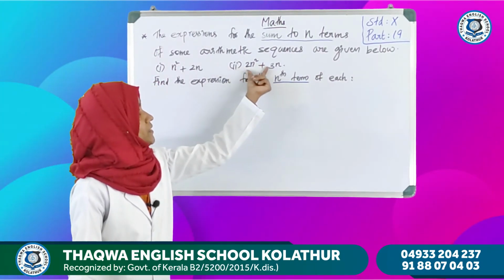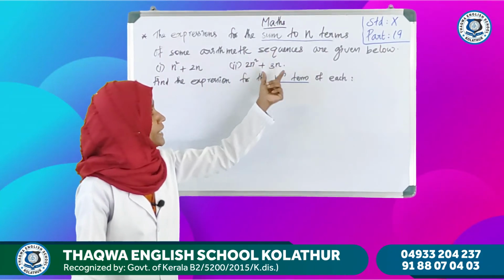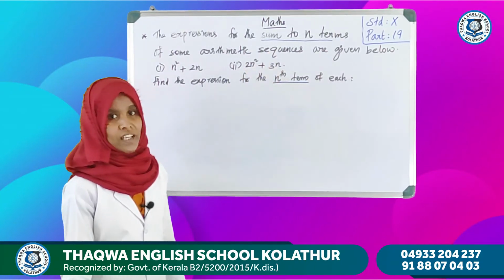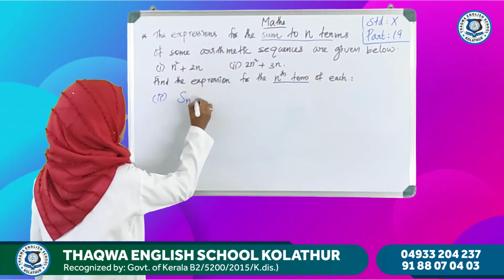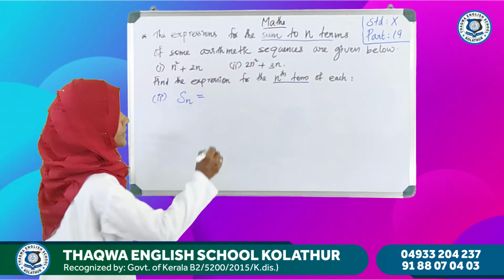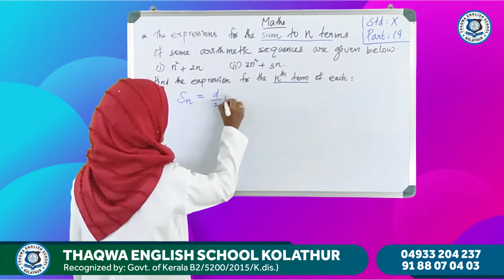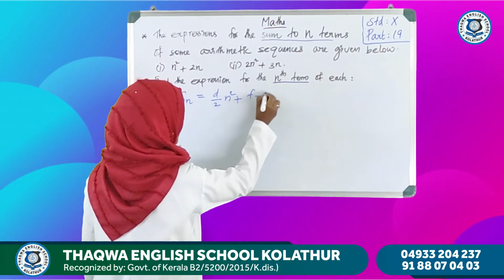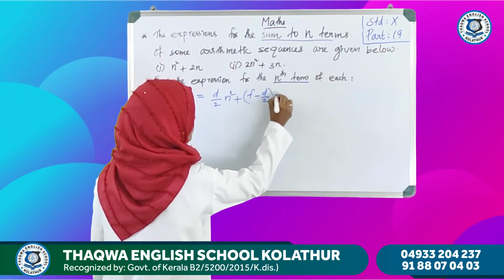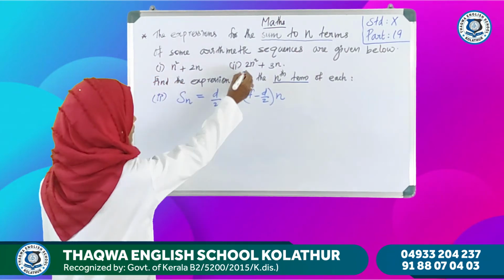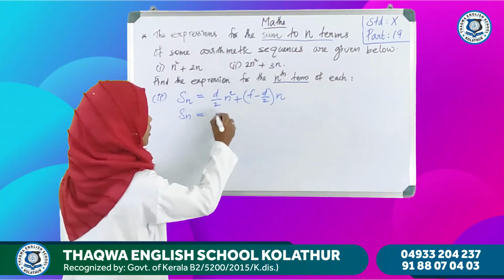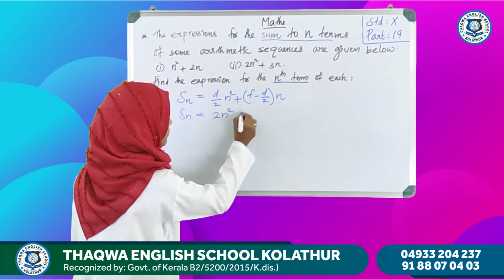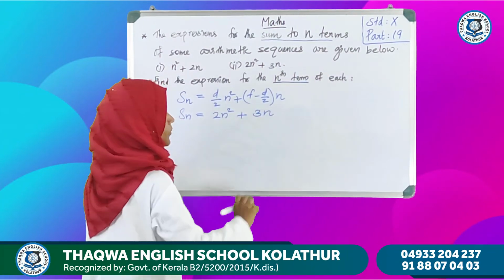Second, the expression for the sum to n terms is 2n square plus 3n. Here also the sum of first n terms is d by 2 n square plus f minus d by 2 n. Then we have given the sum of n terms is 2n square plus 3n.